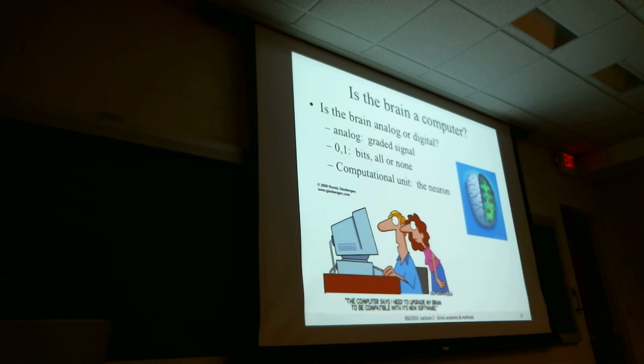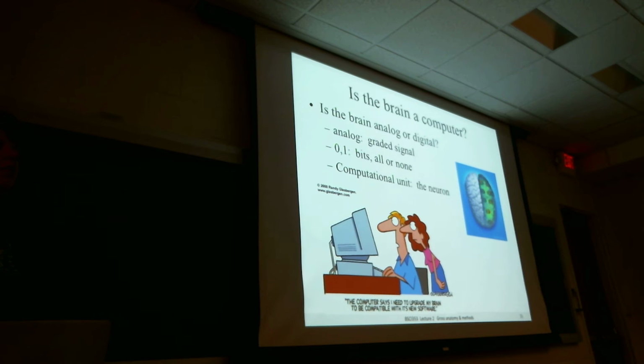Okay, oftentimes the brain is compared to a computer. So in what ways is it similar to a computer? One of the ways that we can think about this is we can ask whether the brain is analog or digital. So we all think of digital computers, but of course there are analog versions of computers as well, analog circuits. But generally the idea is that analog is a graded signal, and digital is in bits, 0 or 1, all or none.